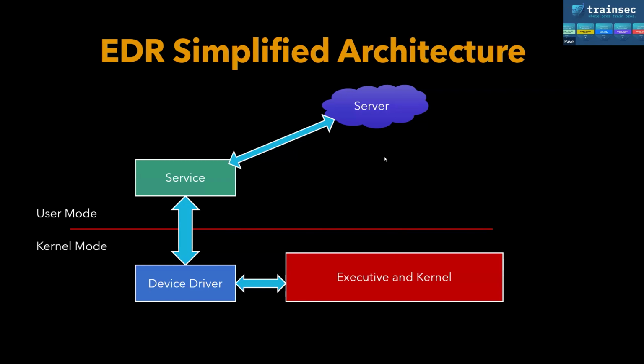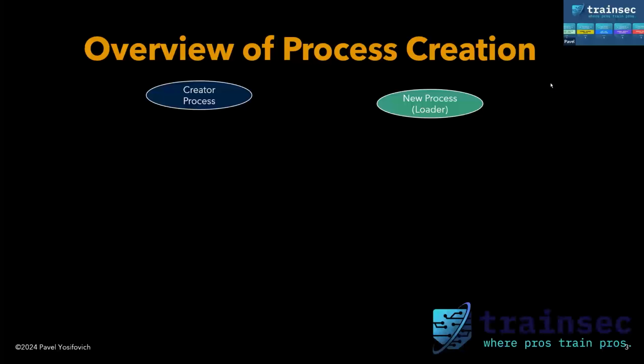One thing to note is that when a process is being created, there are actually several steps. In fact, it's a pretty complex process, so to speak, to create a process. The important thing to note here is that some operations happen in the creator process, the one that calls an API function like CreateProcess, because the new process is not there yet, so it has to start somewhere.